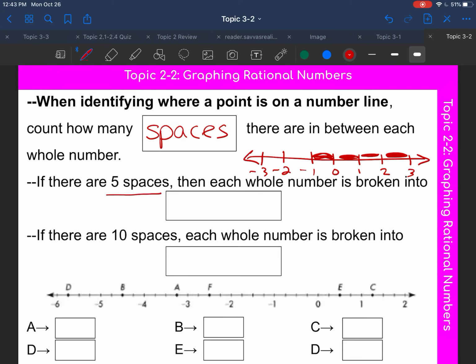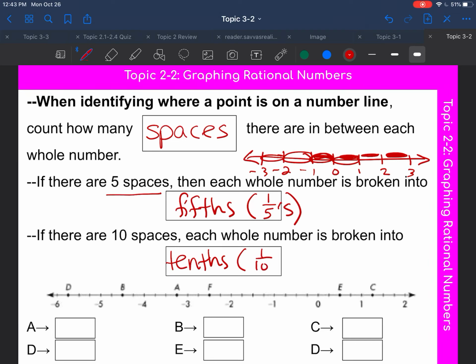Yesterday when we were graphing points on a number line, we were just counting by ones. Today we're going to be seeing where the number is in between each whole number. Each whole number is going to be broken up into spaces. If there are 5 spaces, each whole number is broken into fifths. If there are 10 spaces, each whole number is broken into tenths. So we're dealing with parts of a whole today.